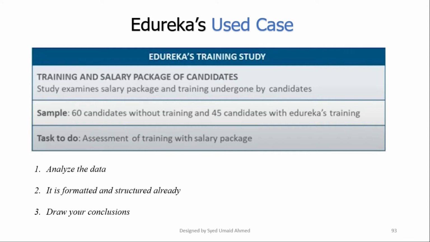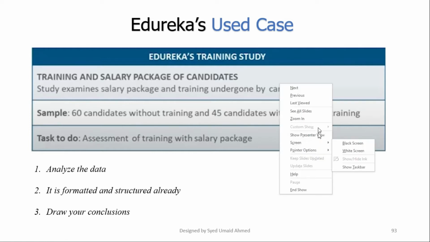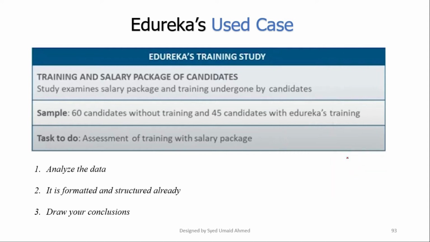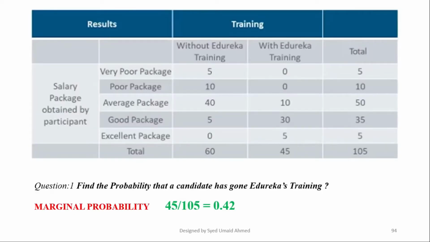It is a use case of Eureka's training, and I have fetched it from the internet. 60 candidates without training and 45 candidates with training, and they are assessing the salary package of those students. So total is 105, 60 plus 45. See the table.